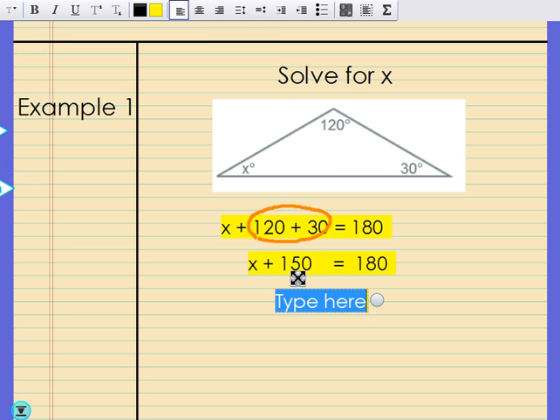We subtract 150 on both sides. We isolate the x, the variable, alone, and we get x is equal to 30. That will be our answer. This missing angle has a measure of 30 degrees.